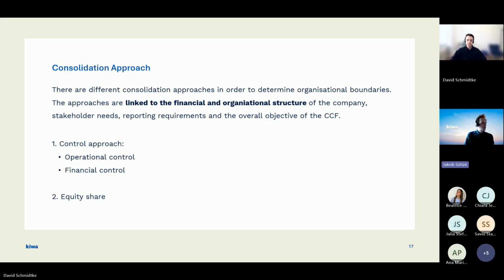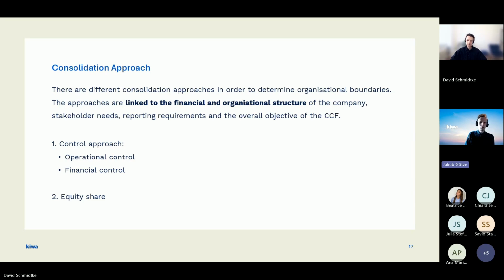And to explain them quickly, the operational control approach is when companies account for 100% of the emissions of another company it owns or partly owns, where it introduces or implements operating policies. Financial control is when a company accounts for 100% of emissions when it introduces or implements financial policies.